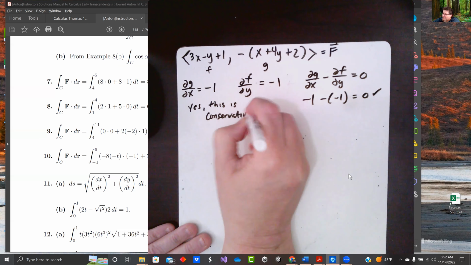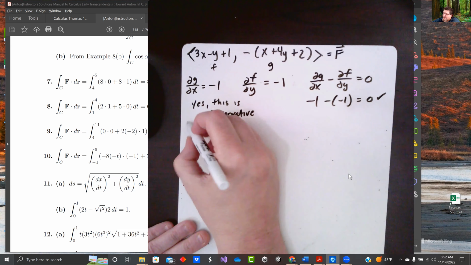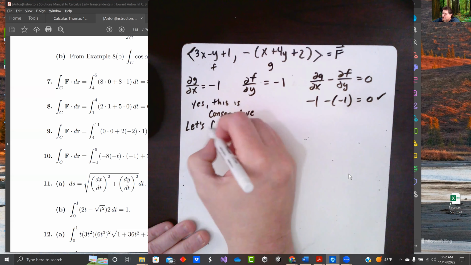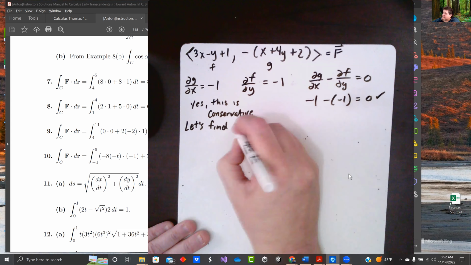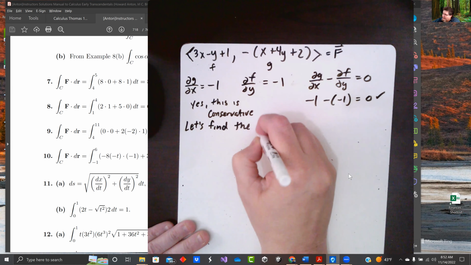And I asked you to find the potential function. So let's find the potential function, and I'm going to motivate y, since I'm running out of time and I want to get it done now.